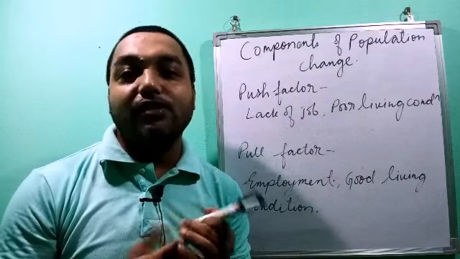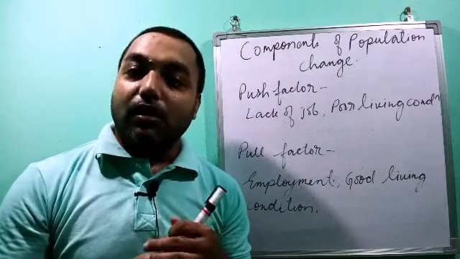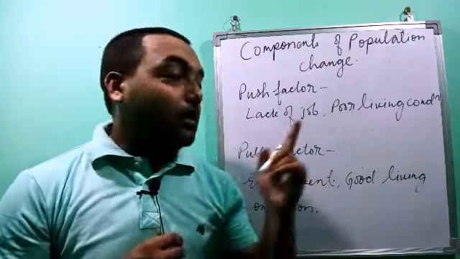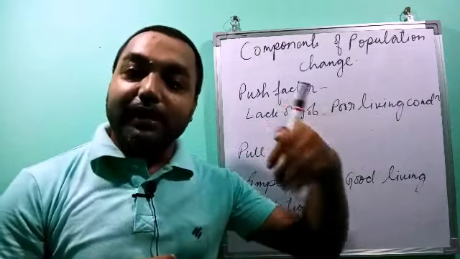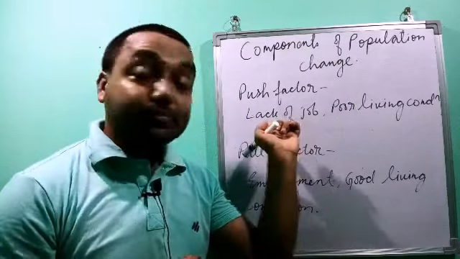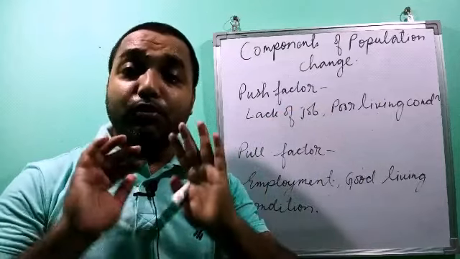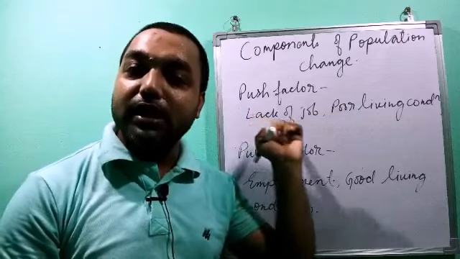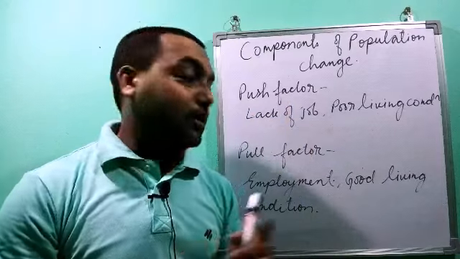Mostly in the village areas, these things are not easily found. No hospital facility, no good schooling facility. For that, people leave that place and go somewhere else where all these things are there. So these conditions push the person to leave his place and go somewhere else. That is why these conditions are called push factors.